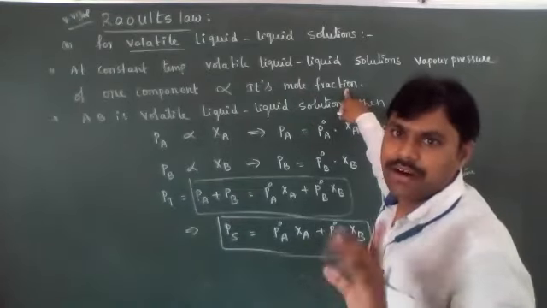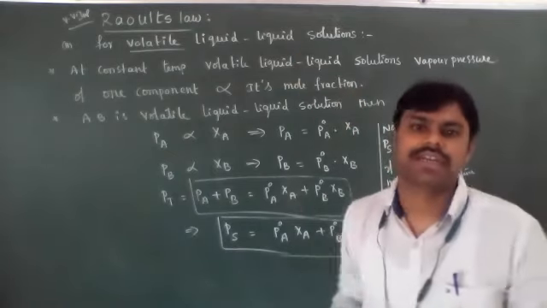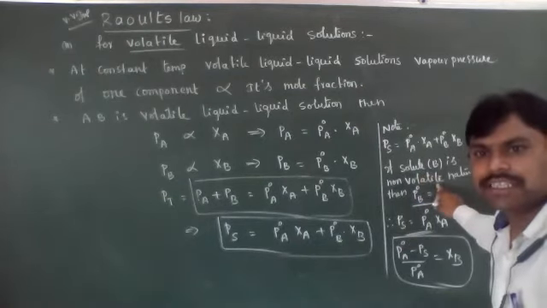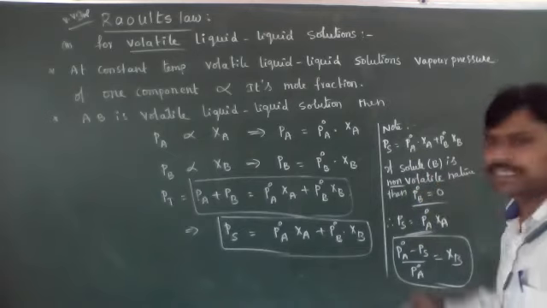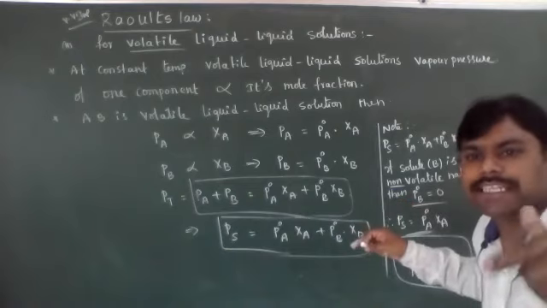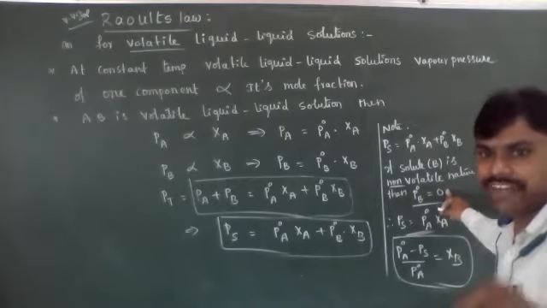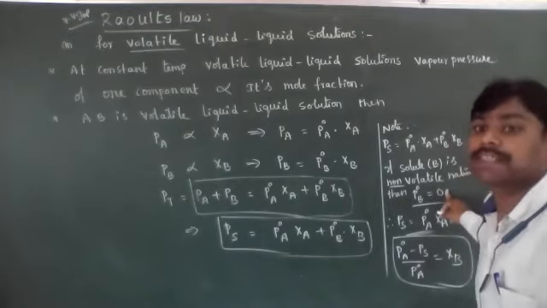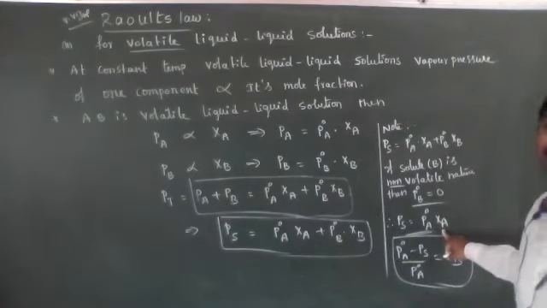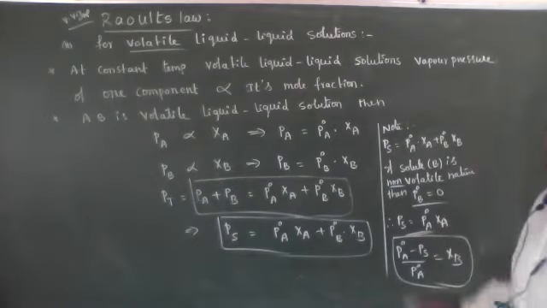Now, for the solution containing a non-volatile solute, the vapor pressure of the solution PS is directly proportional to the mole fraction of the solvent. Then PS is equal to P naught A into XA.